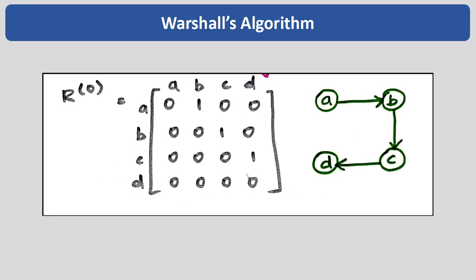When will it be 1? If there is a connection between those two vertices. Okay, so for example, if A and B are connected, then you just observe the matrix, it will be 1. If you look at B and C, if it is 1, then B and C are connected. So if there is a connection, then the Boolean value will be 1, or else it will be 0.